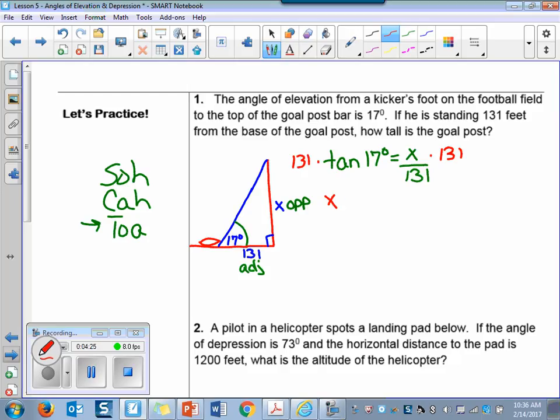Multiply both sides by 131. And then we are going to use our calculator. 131 tangent 17. 40.051 feet. There are units in this problem. There should be units in your answer.